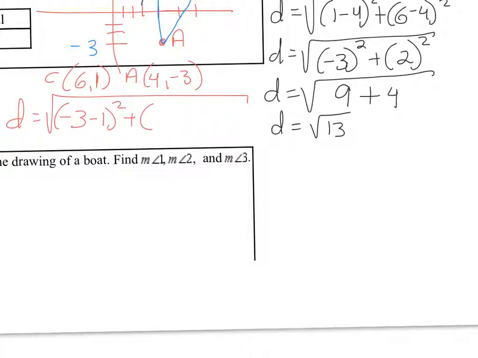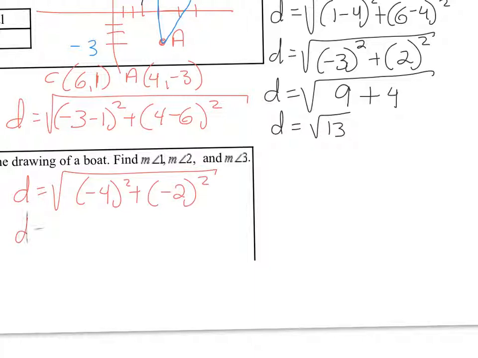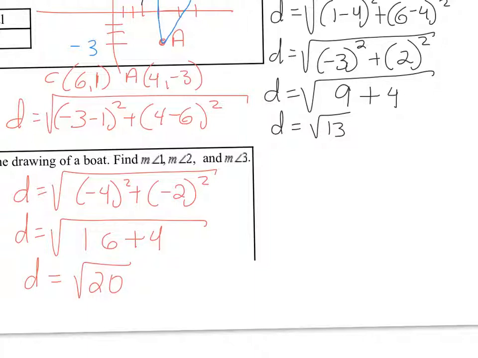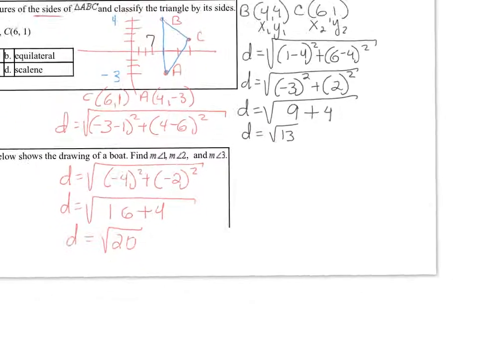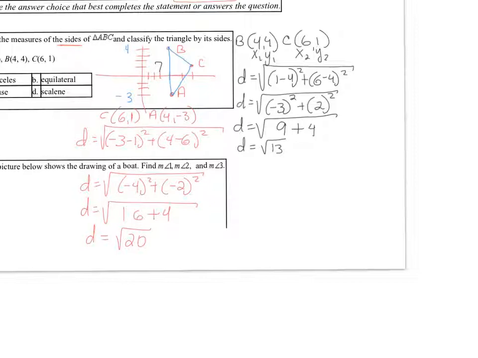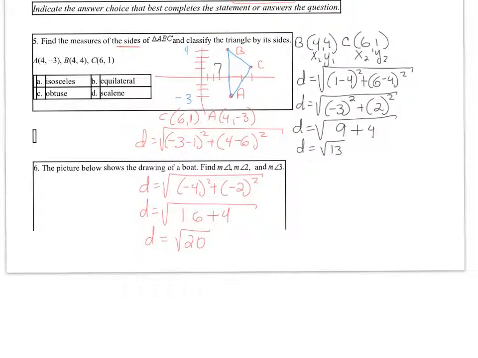Negative 3 and negative 1, negative 4, and 4 and negative 6. This is going to give you 16 plus 4, square root of 20. So tell me about the distances. They're all different, so therefore it's a scalene triangle.